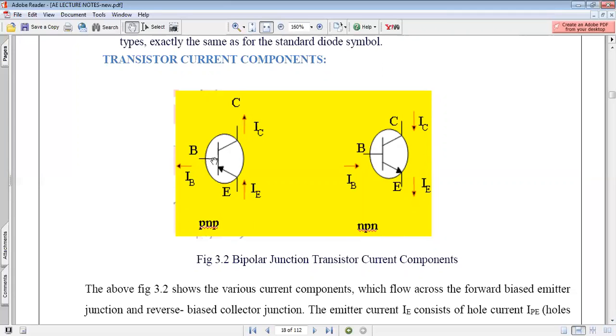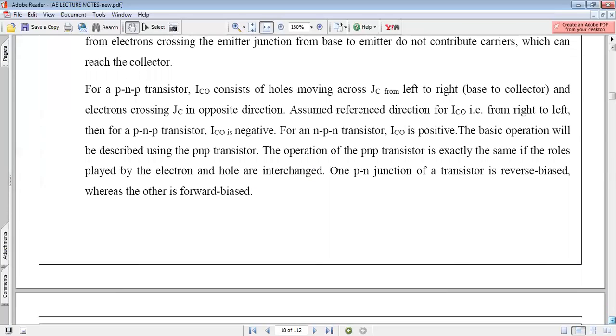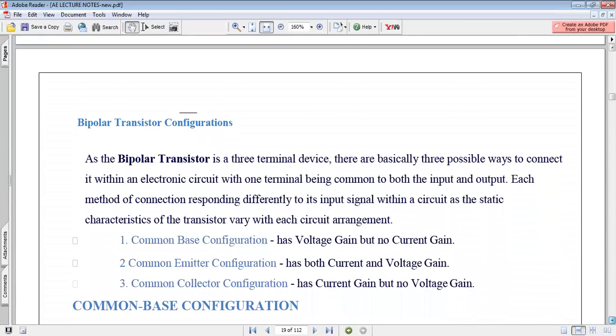The base current flows outside the base terminal, emitter current flows inside the emitter terminal, and collector current flows outside the collector terminal in case of a PNP transistor. Whereas in case of NPN transistor, the base current flows inside, emitter current flows outside, and collector current flows inside. So these are the conventional directions of PNP and NPN currents.